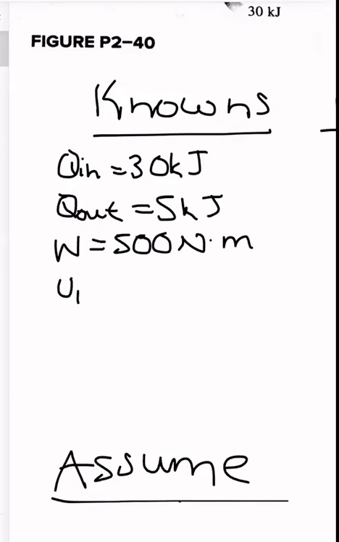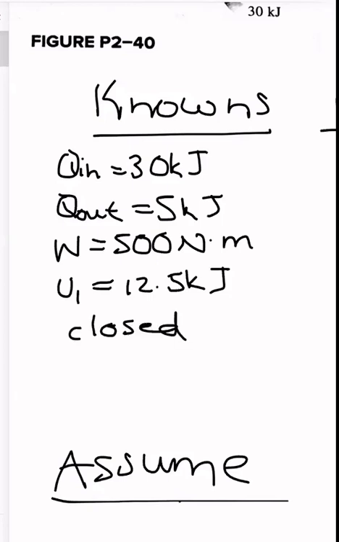The initial internal energy is 12.5 kilojoules. And then we can just mention that we have a closed system. Next, our unknowns. We just have one. It's going to be the final internal energy, so some number of kilojoules.